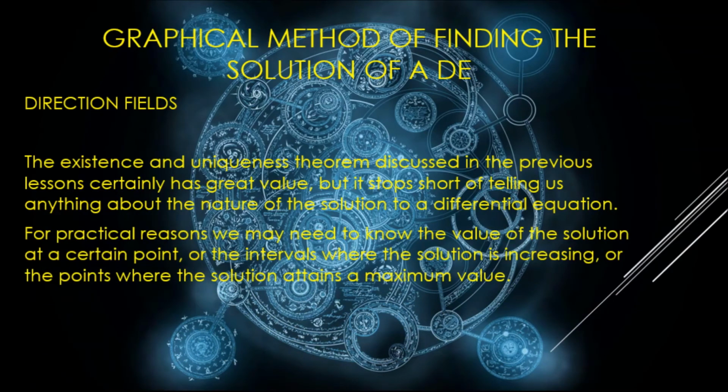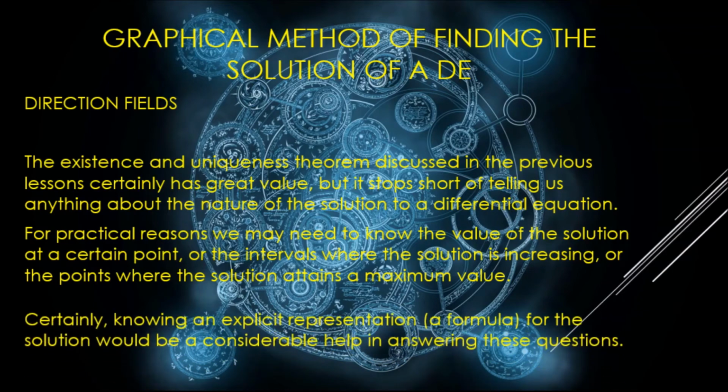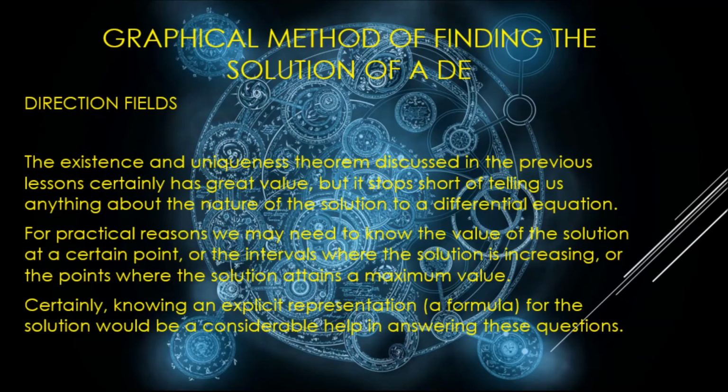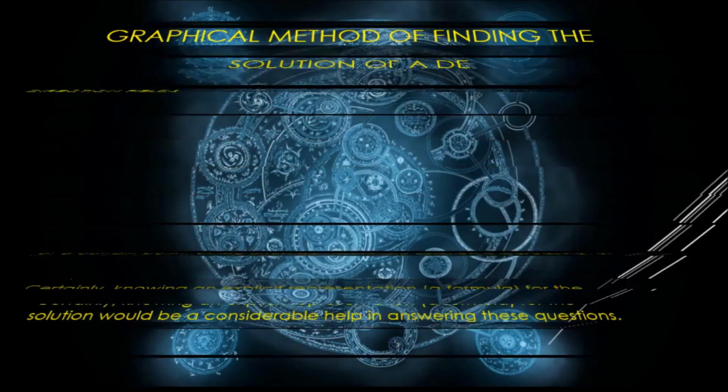For practical reasons, we may need to know the value of the solution at a certain point, or the intervals where the solution is increasing, or the points where the solution attains a maximum value. Certainly, knowing an explicit representation for the solution would be a considerable help in answering these questions.